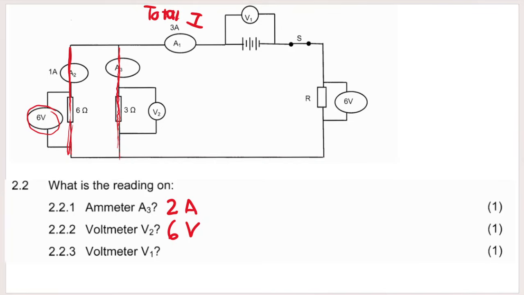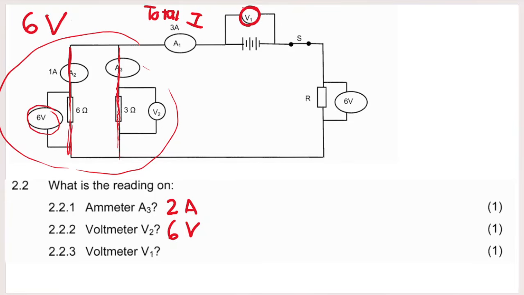Okay. Now that doesn't mean that overall here there's a voltage of 12 volts. No. This part of the circuit has a voltage or a potential difference of 6 volts. Okay. So therefore, the reading on voltmeter V1, remember V1 will read terminal potential difference or the total potential difference of the circuit.